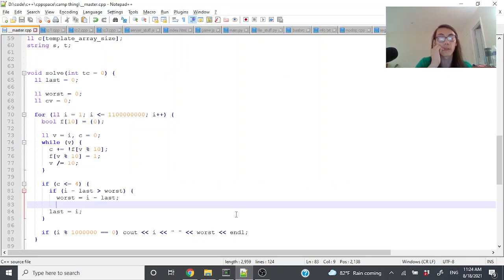I'm trying to... CV is equal to, what is the number specifically? Last plus 1.